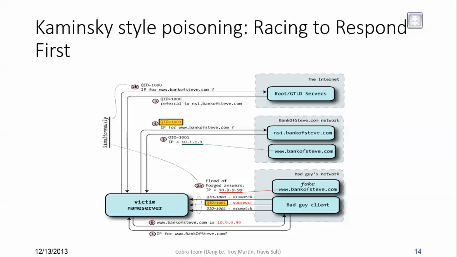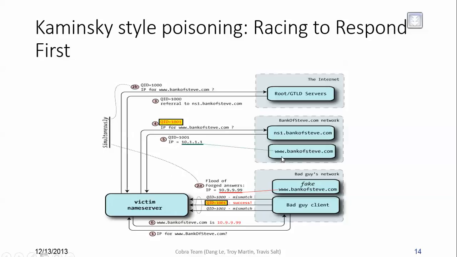This is a scenario of the Kaminsky attack. The bad guy tries to guess the query ID, 1001, and tries to inject the wrong answer to the victim name server.